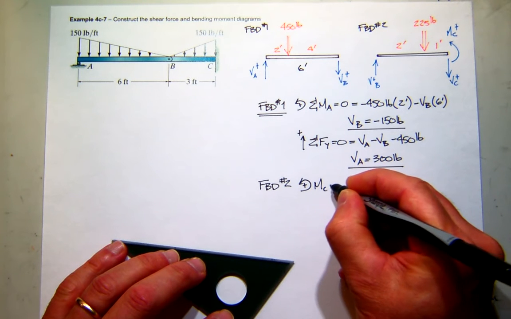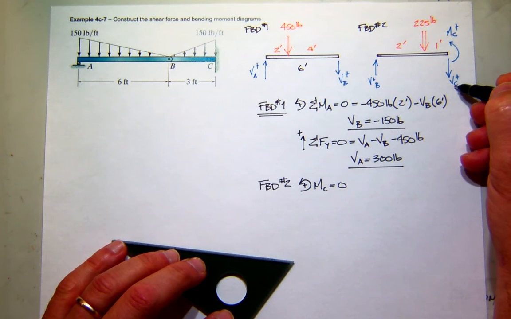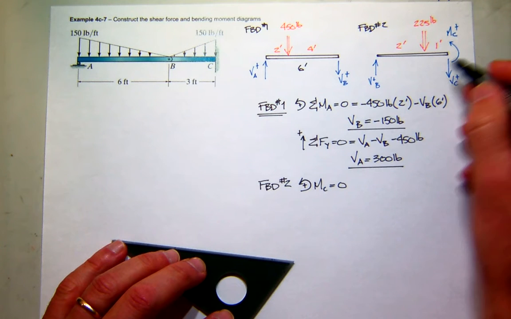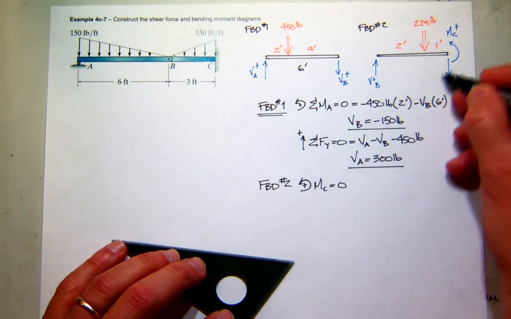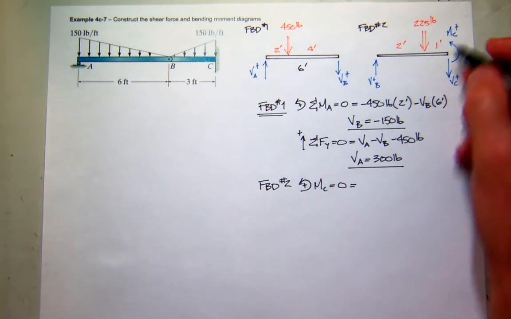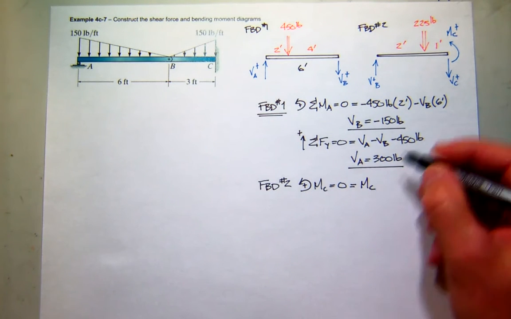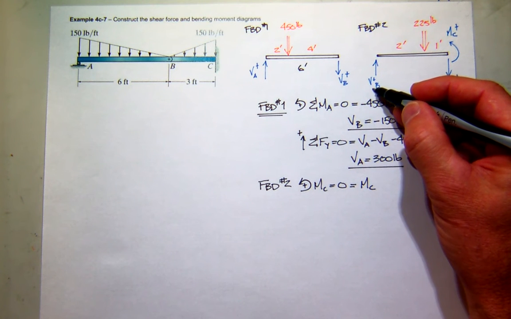The reason I'm doing that is the shear at C won't create any moment there. I'll have my unknown moment, and it'll be in terms of my shear at B, which I've already found. So looking at this free body diagram, using the right-hand rule for my sign convention, the moment at C is positive. What about the way I've drawn it here? What's the moment of this shear force?